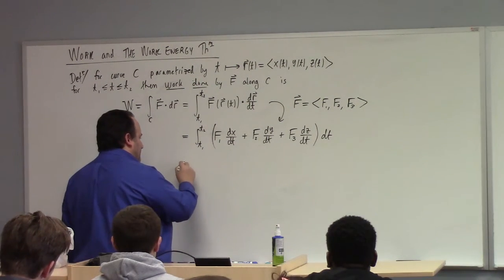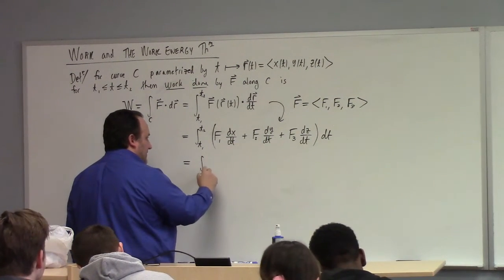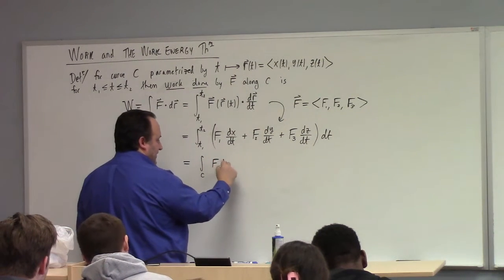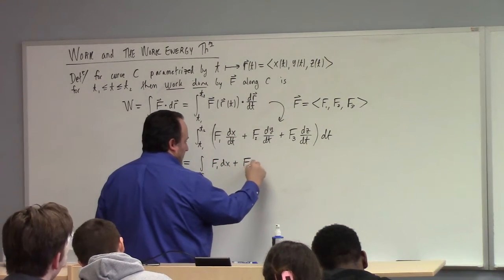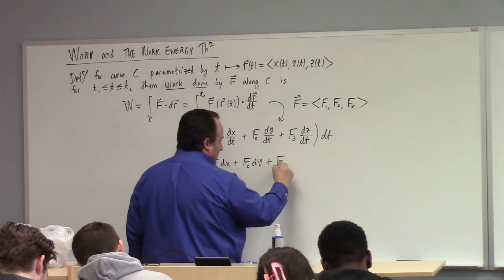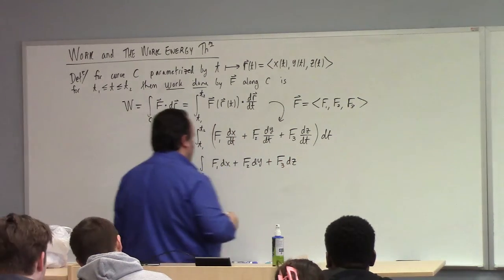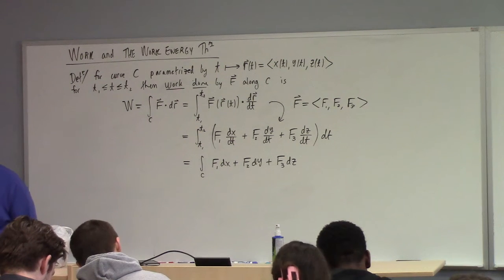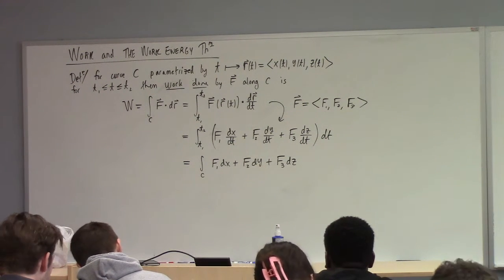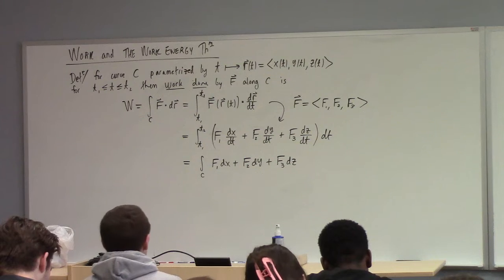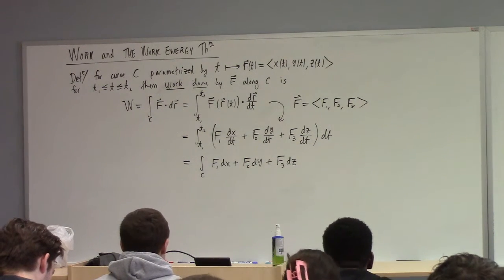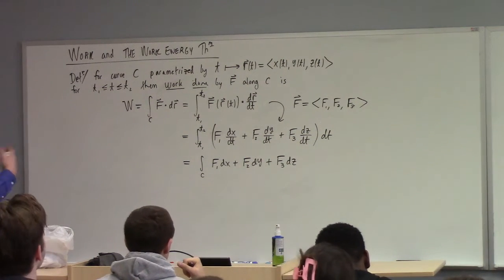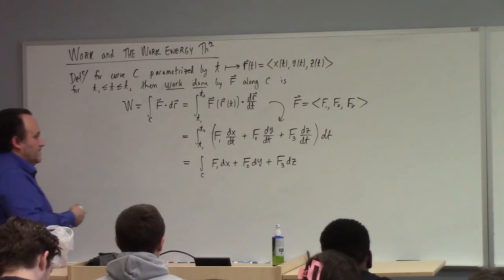Another notation for this, though, which is nice, is just to say that this is really F1 dx plus F2 dy plus F3 dz. This is the notation you'll see in a lot of calculus books because it gives a pretty good summary of how to do the calculation. But how you actually do the calculation is to put in x, y, and z as functions of time and flesh it out in that way.